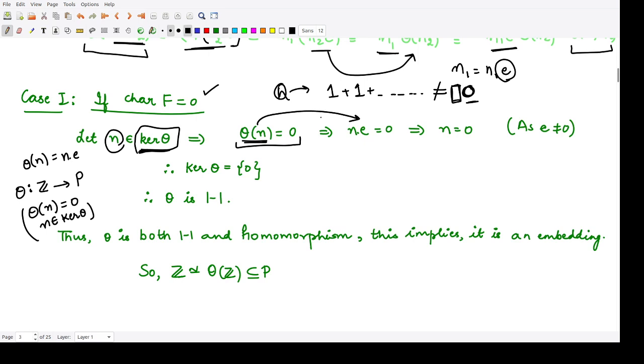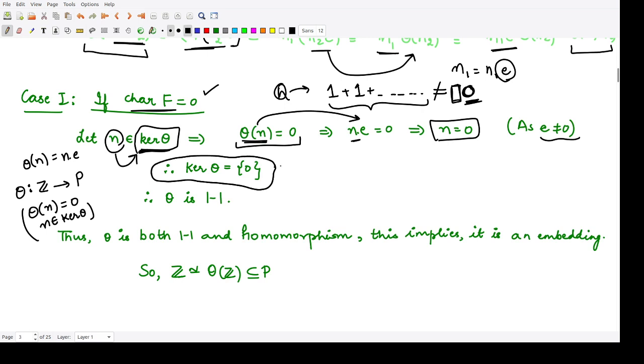Because the characteristic of F is equal to 0, you cannot add 1 to obtain 0. So in this case, n should be equal to 0 in order to obtain n into e equal to 0, because the multiplicative identity is itself not equal to 0. So if n is equal to 0 and we have assumed this n to be present in the kernel of theta, that means the kernel of theta only contains the element 0 within it.